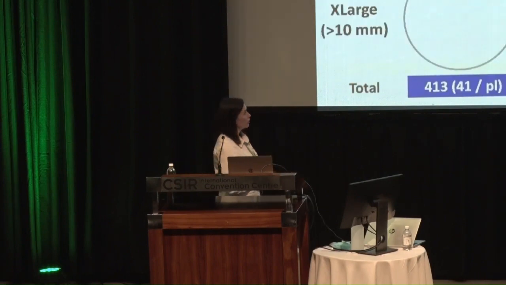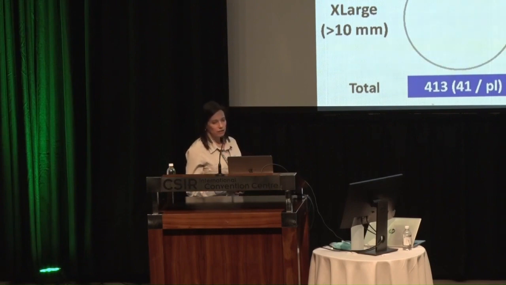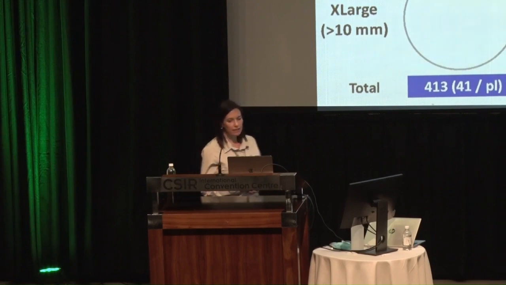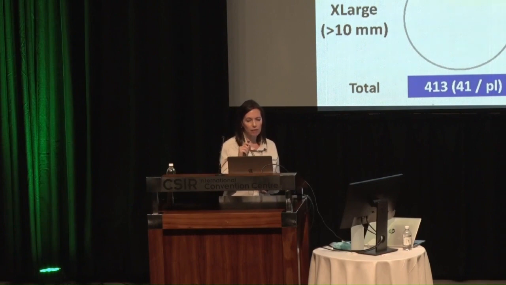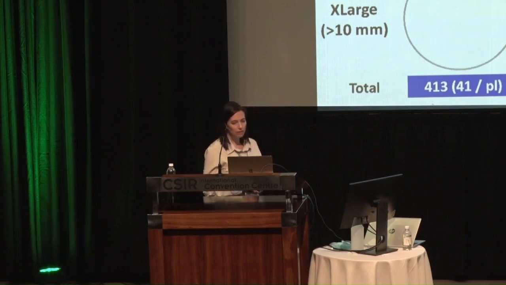So there's a visual of what we've seen at R1 for the different cultivars. This is a summary of the amount of nodules and distribution from small, medium, large, and extra large on the different cultivars.